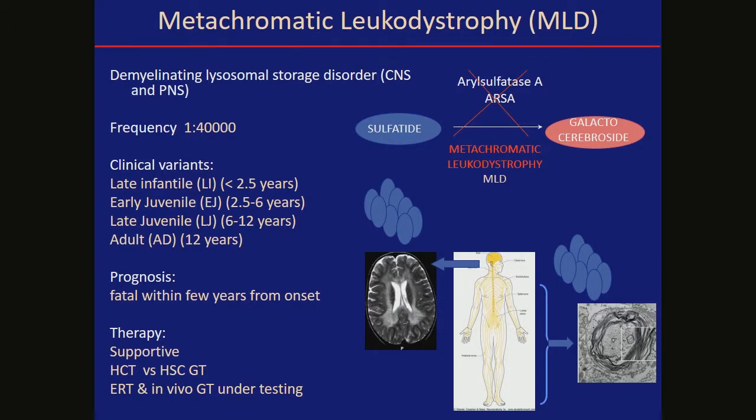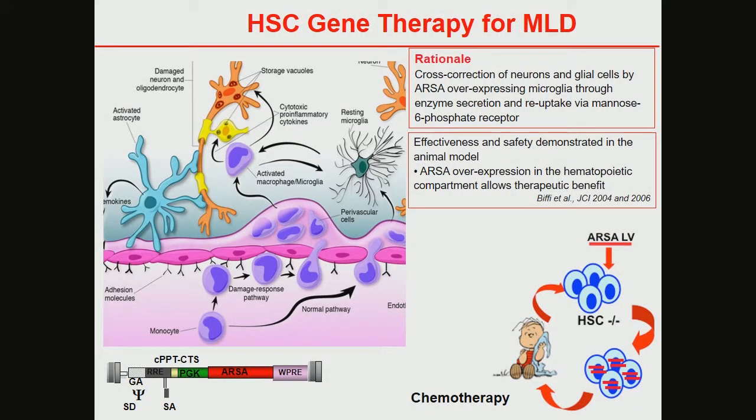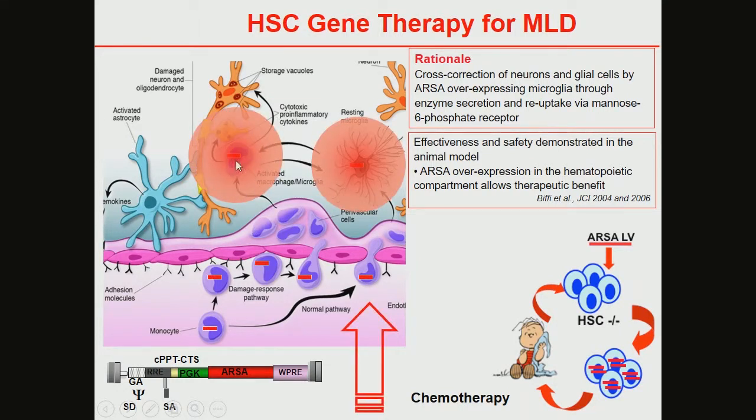And so the goal here was to really exploit the gene therapy and the progeny of the autologous stem cells to deliver to the differentiated tissue, and particularly to the brain, the missing enzyme, arylsulfatase A, so that the enzyme could be then taken up by the neural cells, by the oligodendrocytes.